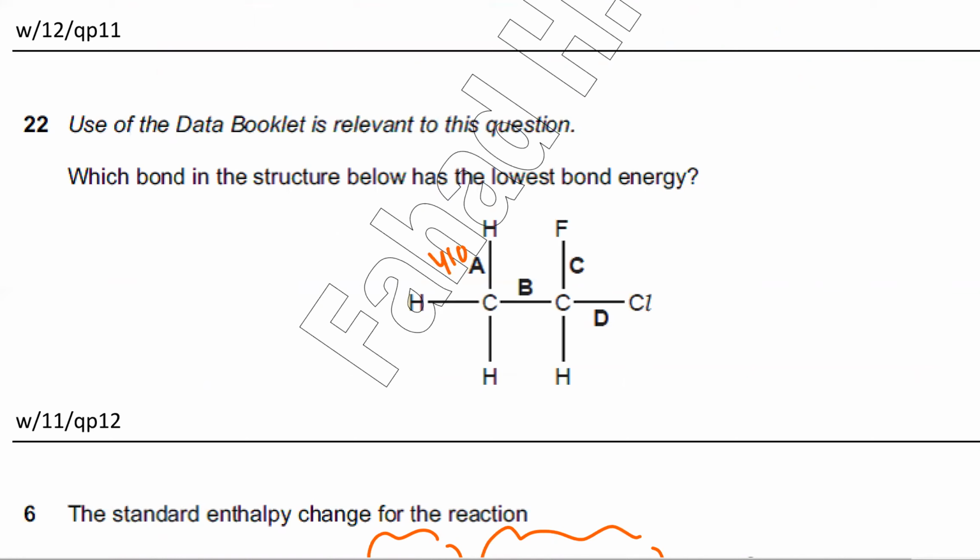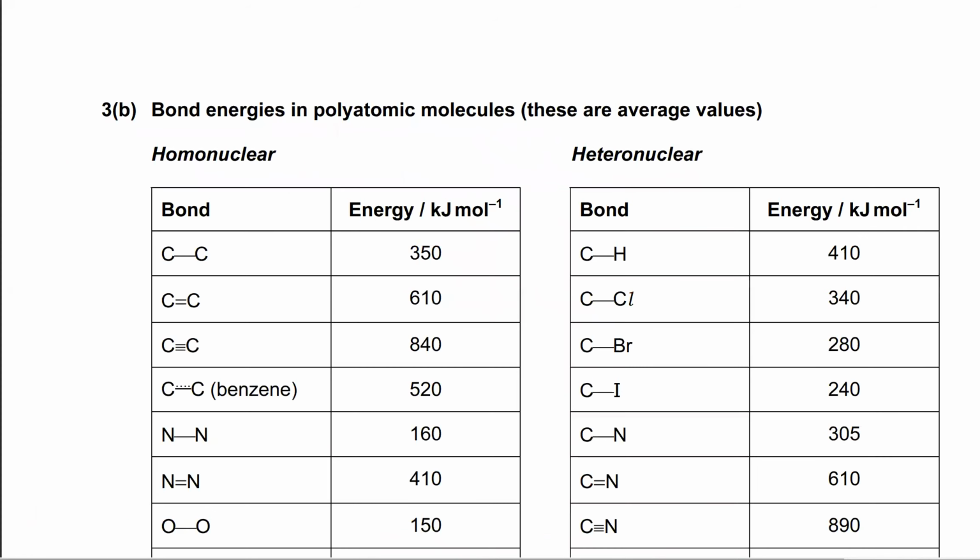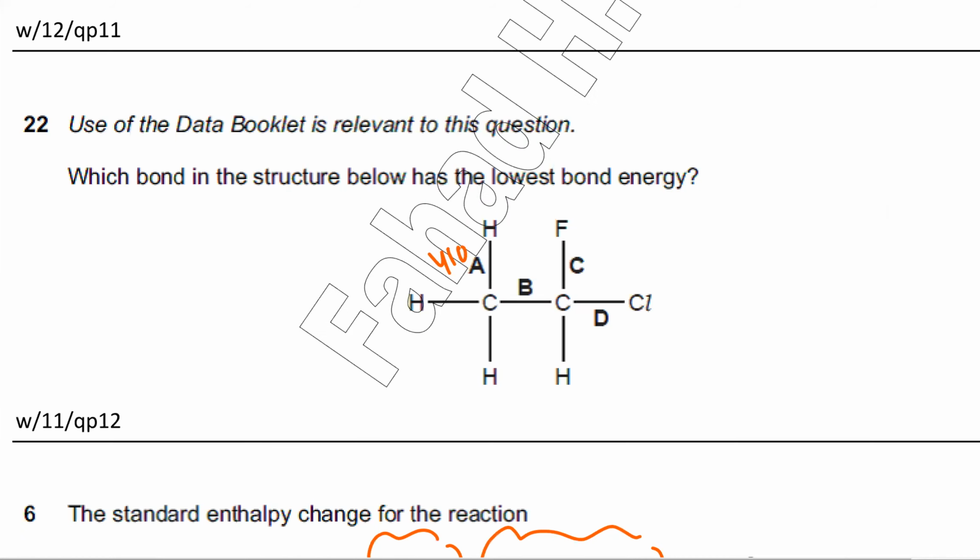Actually, B is the C-C bond. If you look at the C-C bond, that's over here. That's 350. So I know that B is 350.